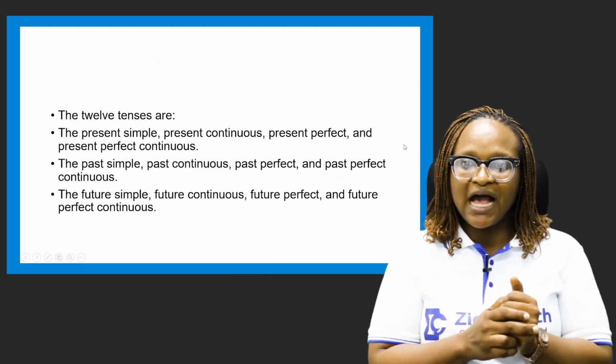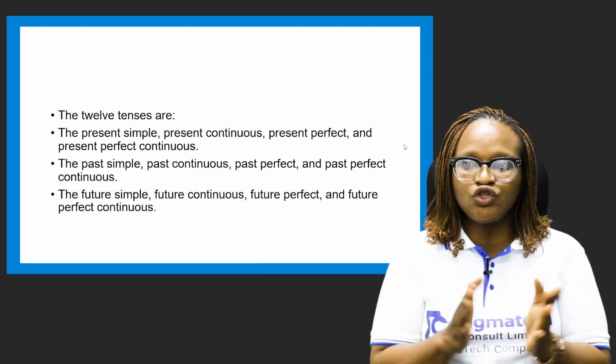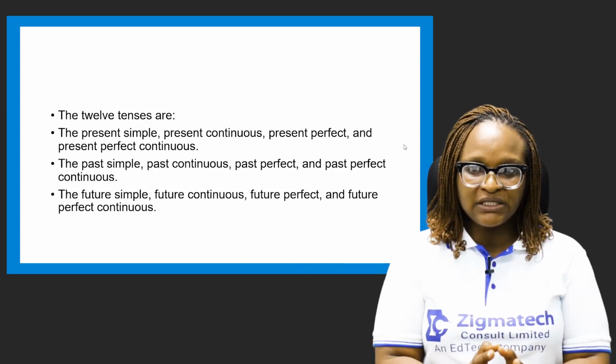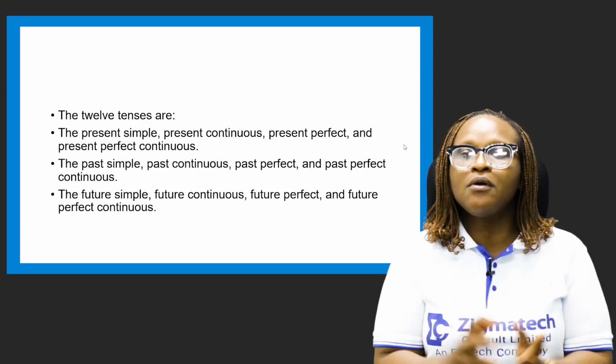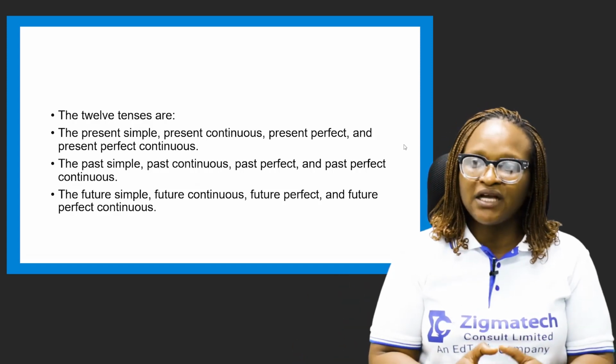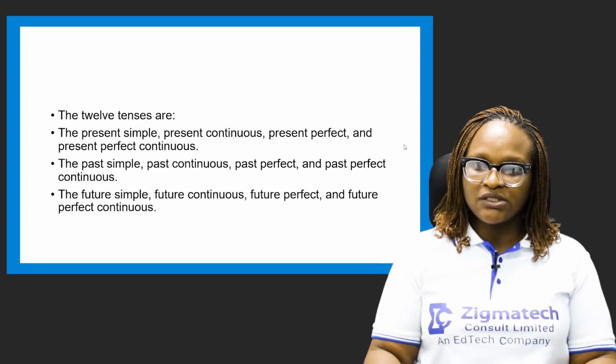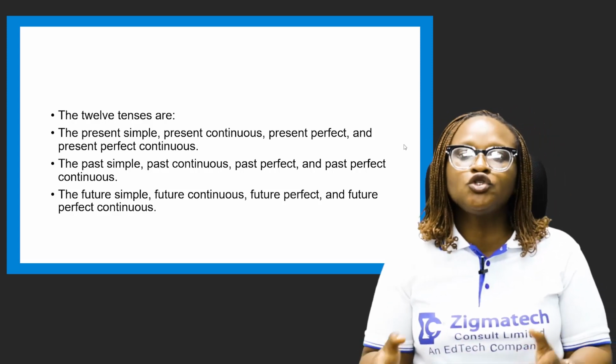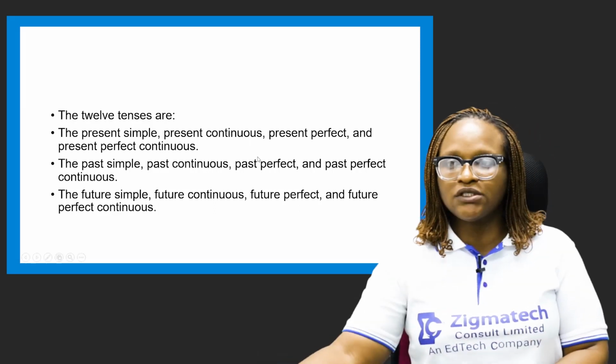The 12 tenses are the present tense, present continuous, present perfect, and present perfect continuous. That's present tense. Then the past simple, past continuous, past perfect, and past perfect continuous. Then we have the future, future continuous, future perfect, and future perfect continuous tense.